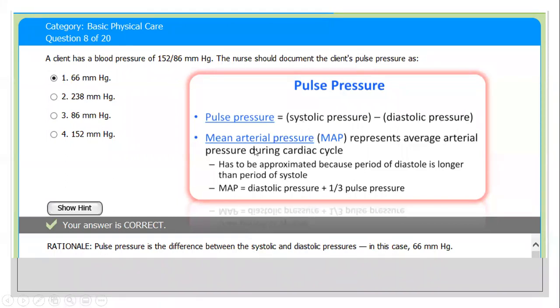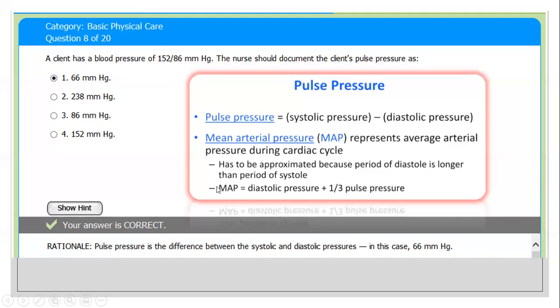The NCLEX board sometimes asks about mean arterial pressure, shortly called MAP. Mean arterial pressure represents the average arterial pressure during the cardiac cycle. The calculation has to be approximate because the period of diastole is longer than the period of systole.